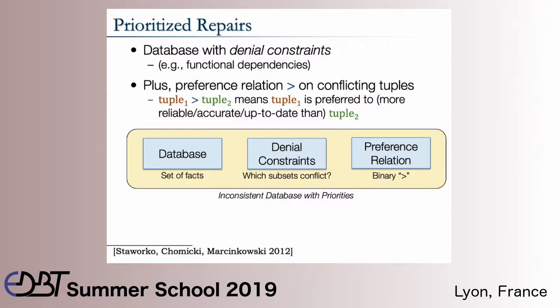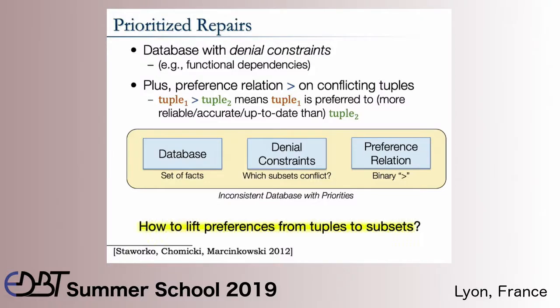This is the framework of prioritized repairs by Staworko, Chomicki, and Marcinkowski. The idea is that your database may have conflicts, but it also has preferences among tuples. So a database consists of a set of facts, the database tuples, a set of denial constraints, like functional dependencies, and some preference relation.